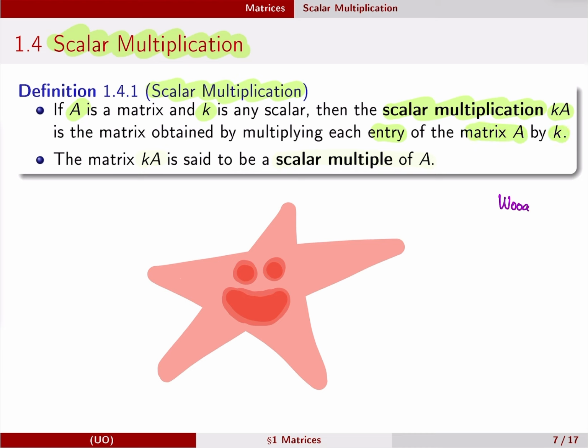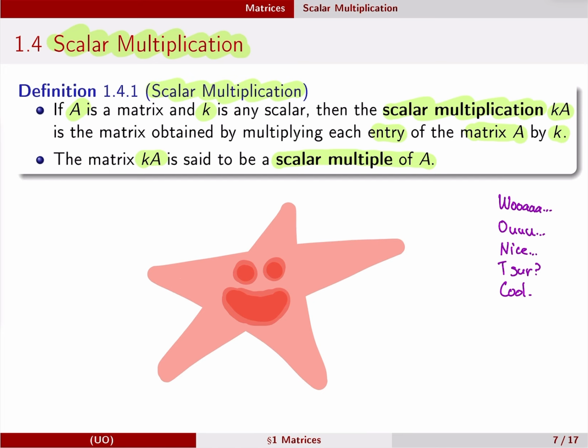And that matrix kA is said to be the scalar multiple of A. That operation is always defined. You cannot have a number multiplying a matrix and the result being undefined, because if you multiply, for example, a matrix by 2, you simply multiply all the entries by 2, and that operation is always going to work.